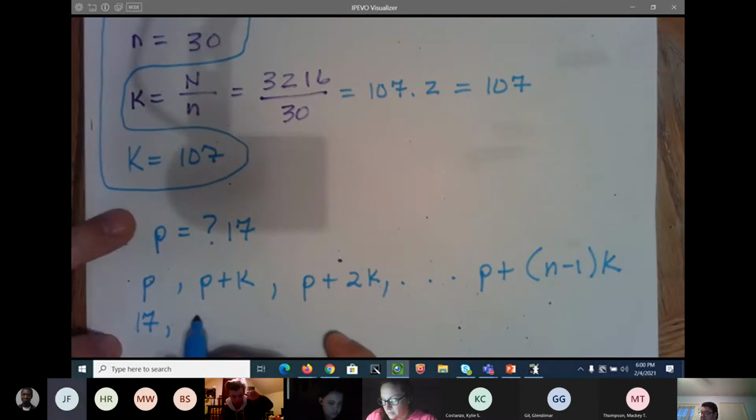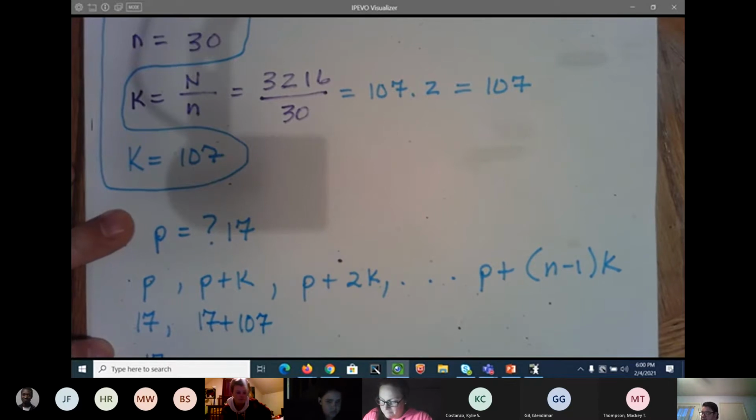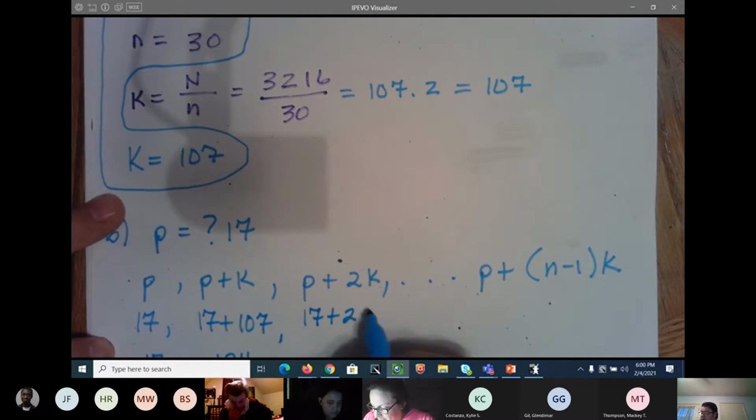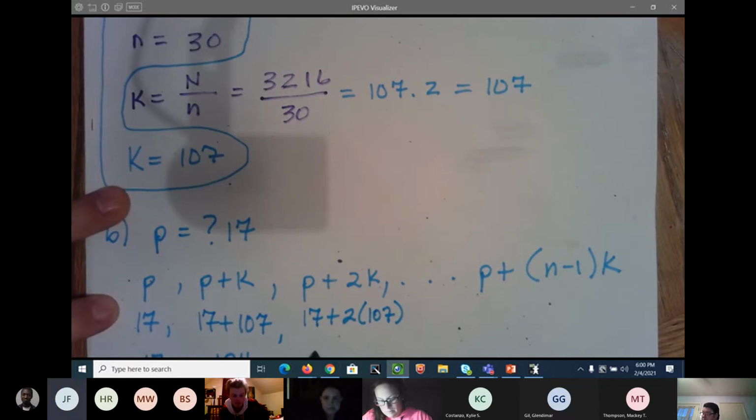So I'm going to put right here 17 plus 107, and that's 124. And here I'm going to put 17 plus 2 times 107, which will be 214 plus 17, which is 231. Somebody check me. You're right.